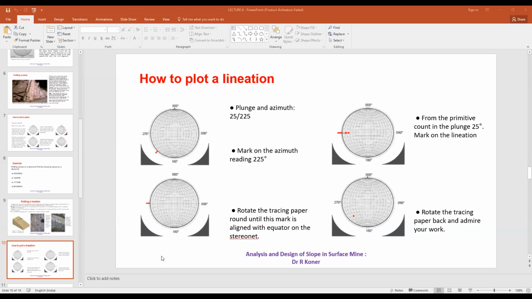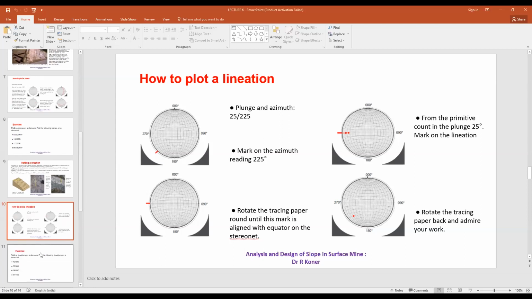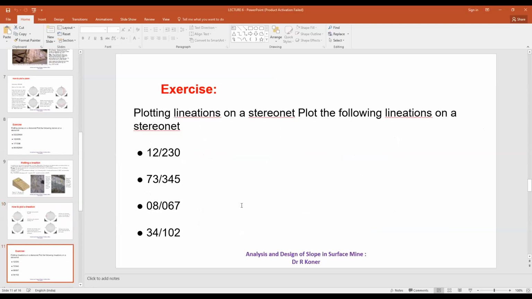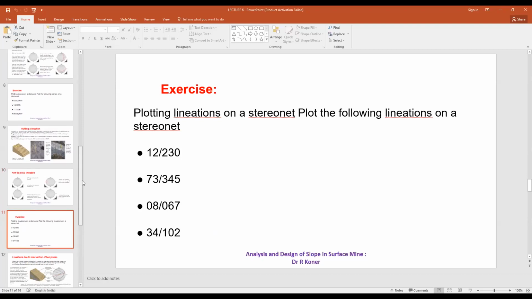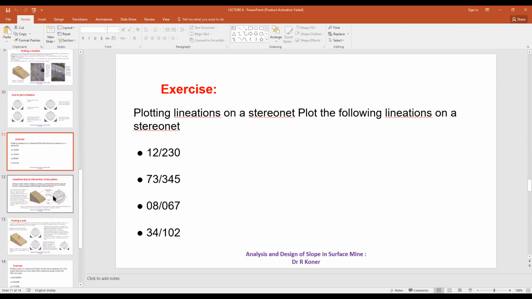If it is clear, then write down these exercises for plotting lineation structure on a stereonet: 12 to 30, 73, 345, 08, 067, and 34, 102. Okay.